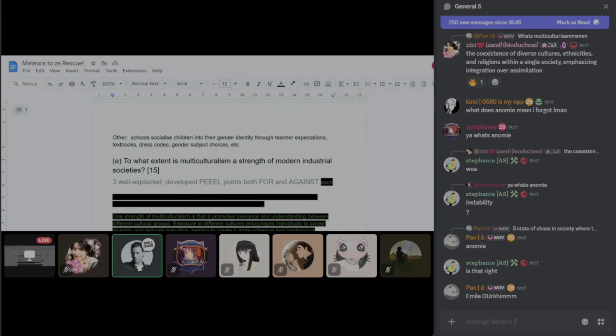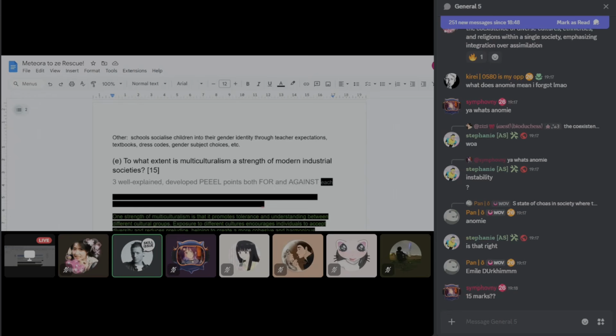Yes, it causes civil unrest and riots because people no longer have one common value to believe in. Societal order collapses. That's anomie. The definition for multiculturalism is really good. So yeah, that is multiculturalism.